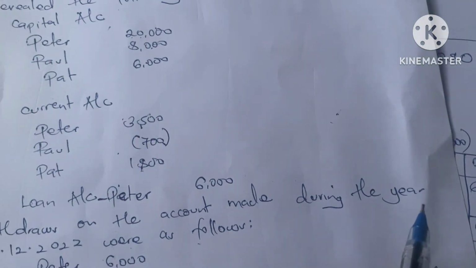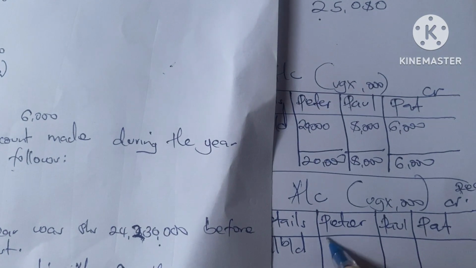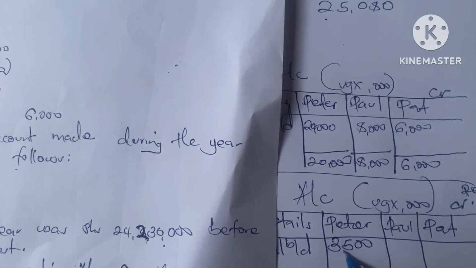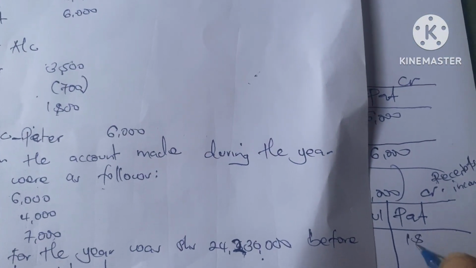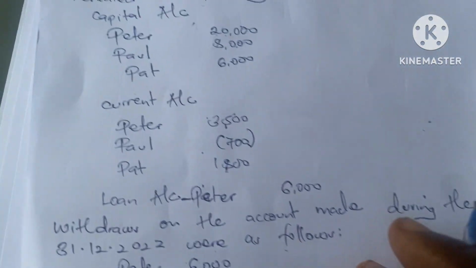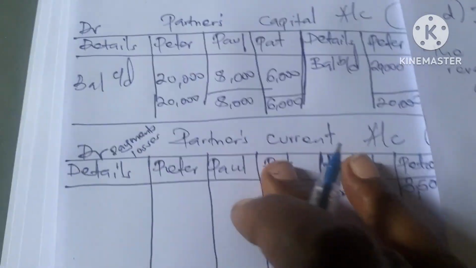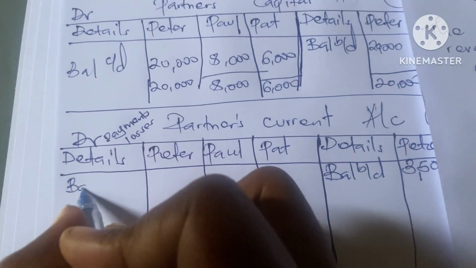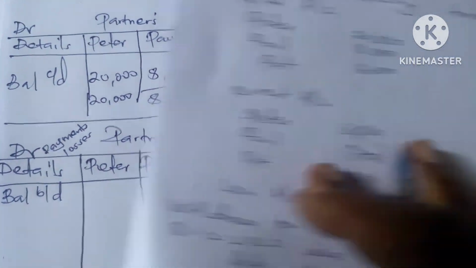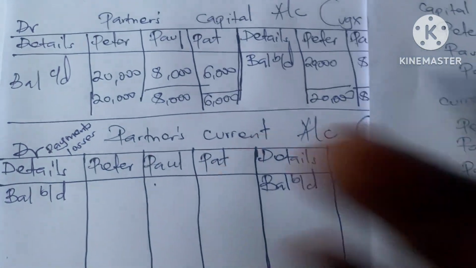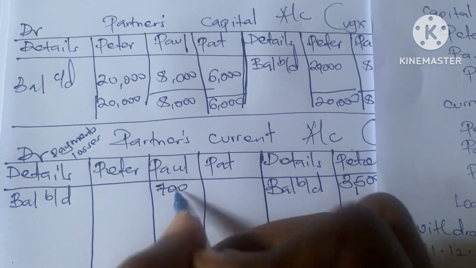For Peter, it is 3,500. Then for Pat, it is 1,800. Then for Paul, it is negative, so we rate it this side. Balance brought down. Here, it is 700. Like that.